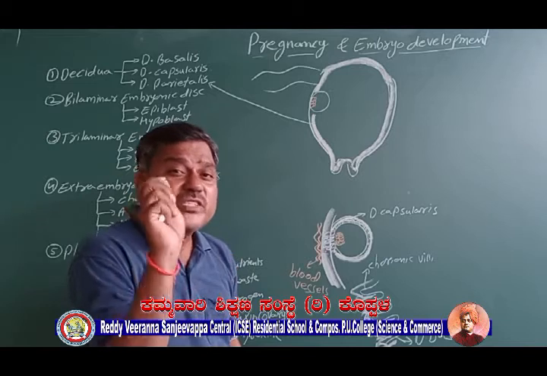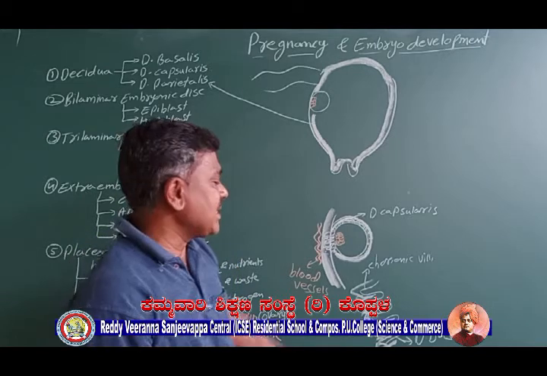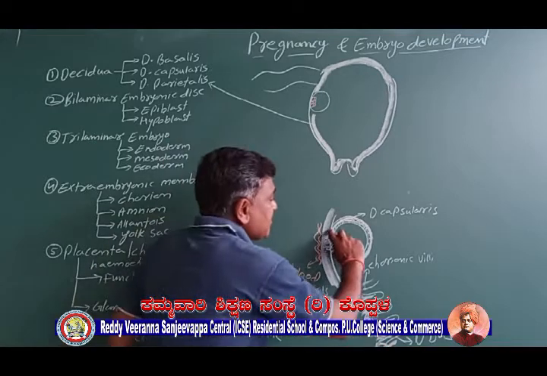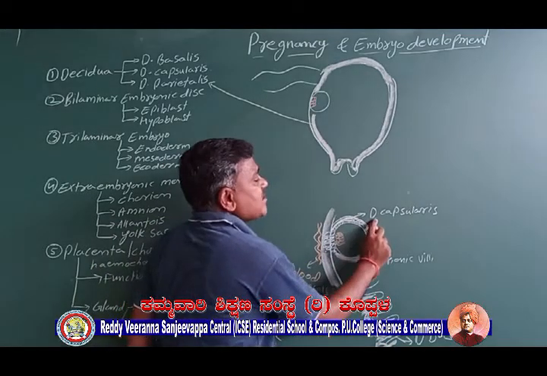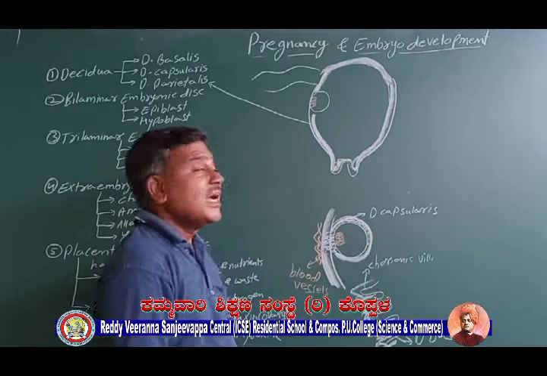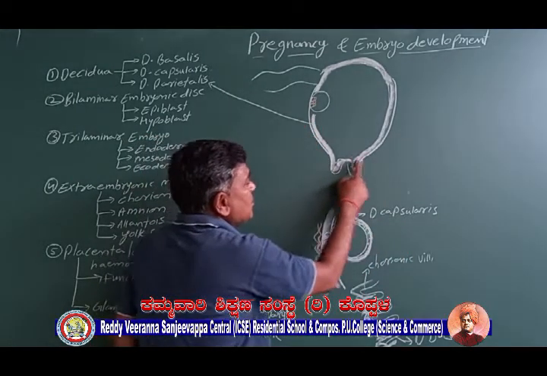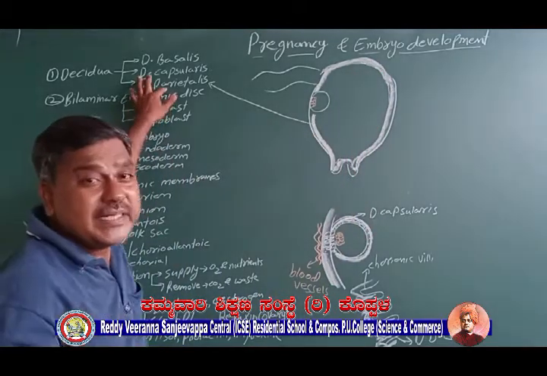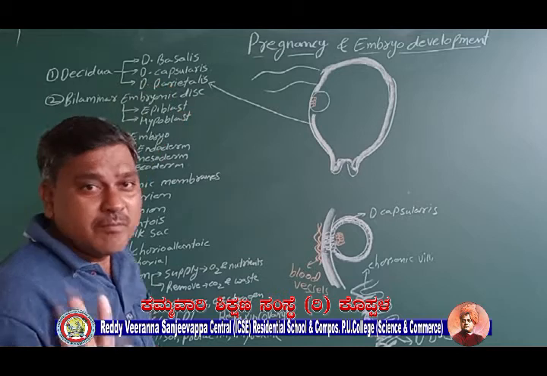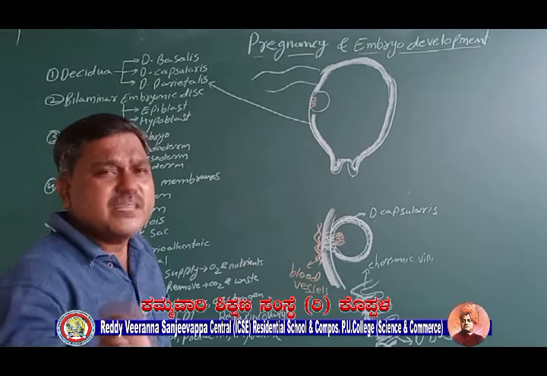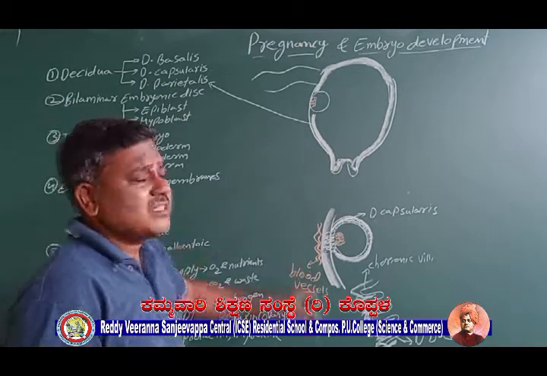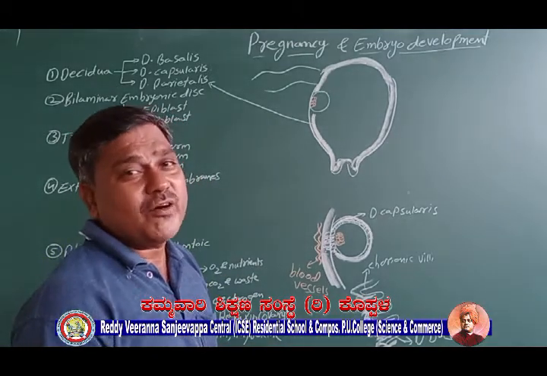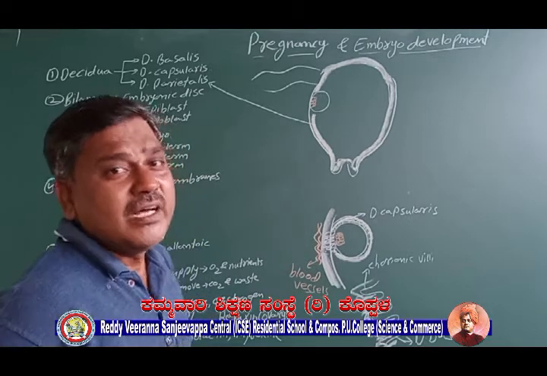The endometrium covering the blastocyst is called decidua capsularis. And the endometrium covering the total cavity of the uterus is called decidua parietalis. Clear? In simple form I am explaining this because it is not present in your textbook, but it is important for NEET.